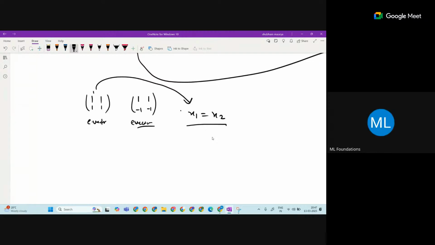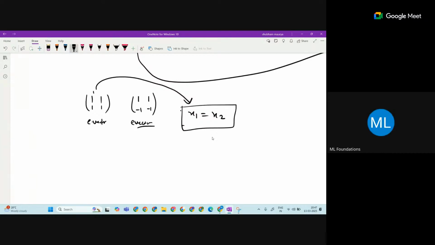Okay, fine. Then we go there and we take x1 is equal to 1, x2 is equal to 1. No problem at all. Here, what if you get this equation?